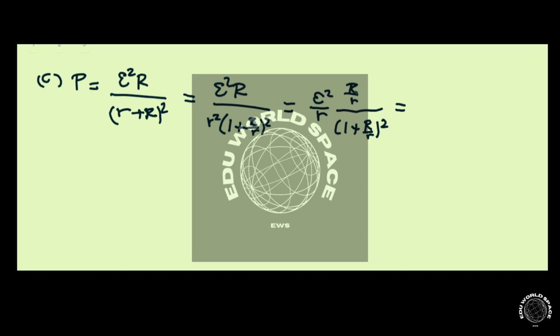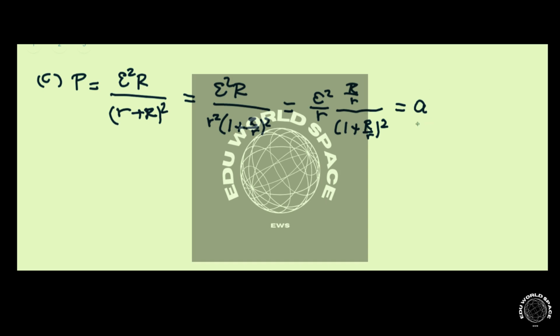But remember that as you're changing R, E, your EMF, and your internal resistance, we're assuming that those things are remaining constant, right? So this is a constant, and let's call it A, for example, so we don't have to carry around all this bad notation.